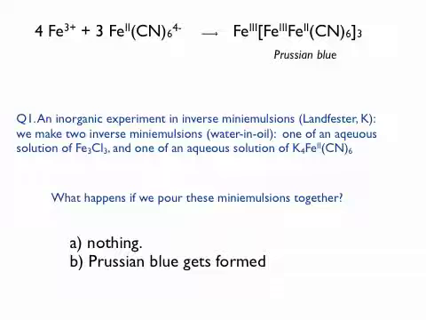Yeah? And then I make a mini-emulsion of one and a mini-emulsion of the other one, and then I mix them, pour them together, basically. So the question now is, what happens if I pour these together? A, nothing, or B, the reaction gets underway.